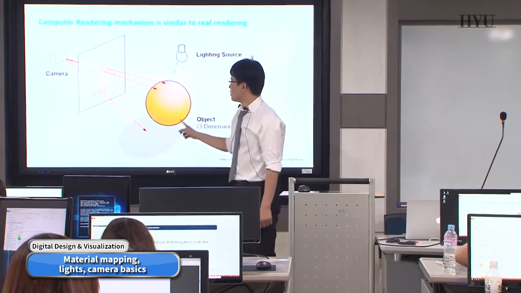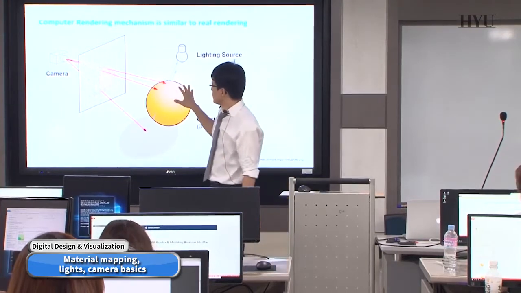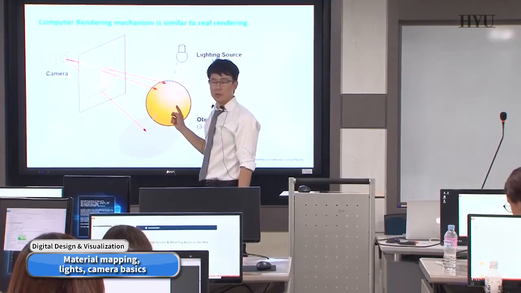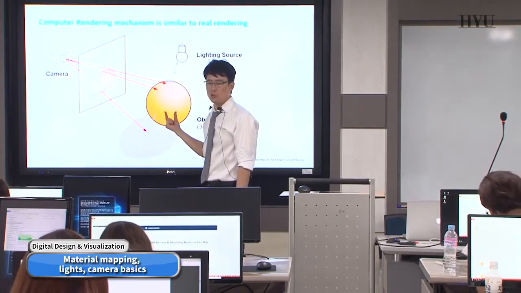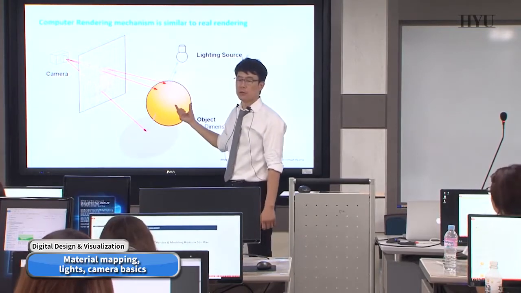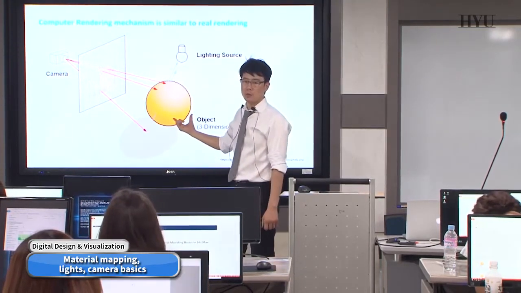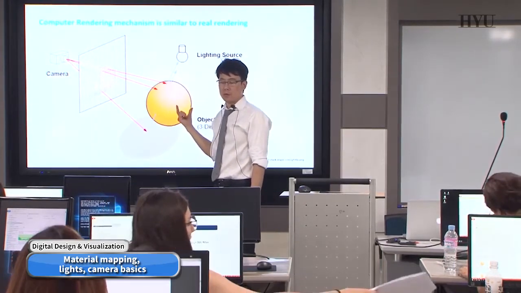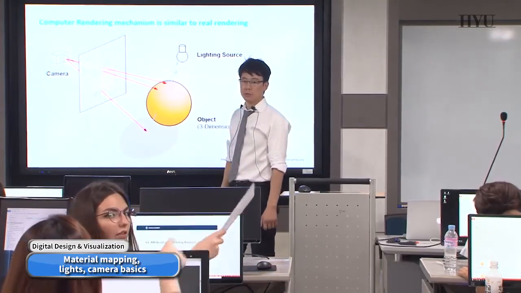First one, of course, the most critical thing is the target object. This is a simplified diagram, so that is just one single sphere, but actually this can be your product, your chair design, your furniture design, your very complicated interior design, or your high-rise building, mid-rise building, small housing building, whatever it is, you can make your own geometry, okay?